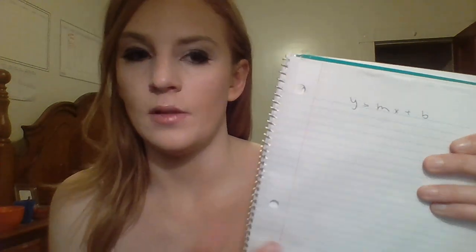So you know that the slope-intercept form is y equals mx plus b. M represents the slope, y and x represent the values, the points, and b is where the line crosses the y-axis. So it's the y-intercept, which is why it's called y-intercept form.